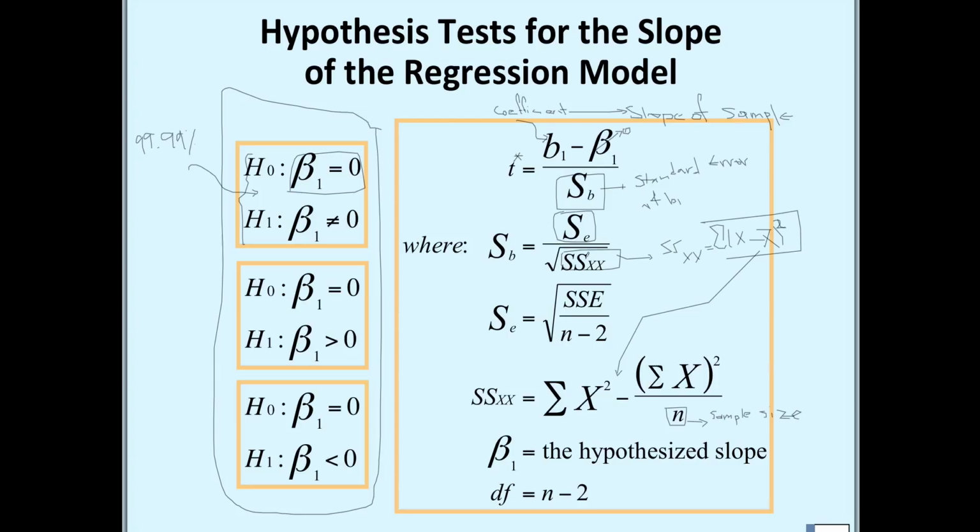Try to find SSXX and the standard error, and then find SB based on that, and then divide B1 by that.